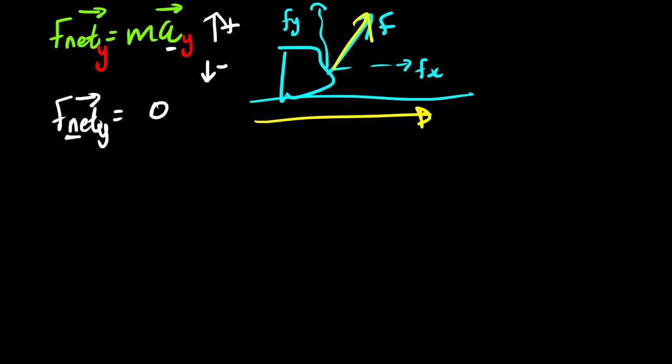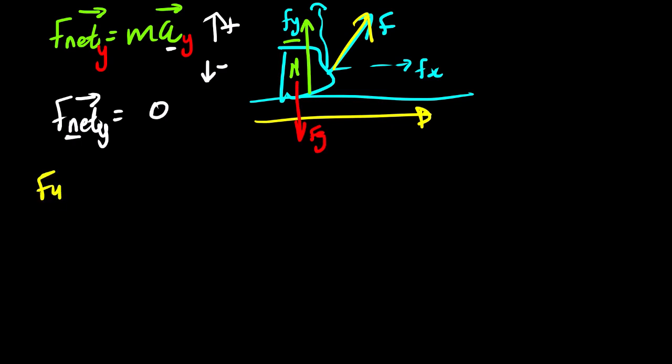Now going up, how many forces do we have? We have Fy, and we also have a force that is applied by the surface, which is the normal force. Remember that normal force is applied by the surface onto an object, upward. Then we take down as negative as usual, and Fg is the force facing downwards.